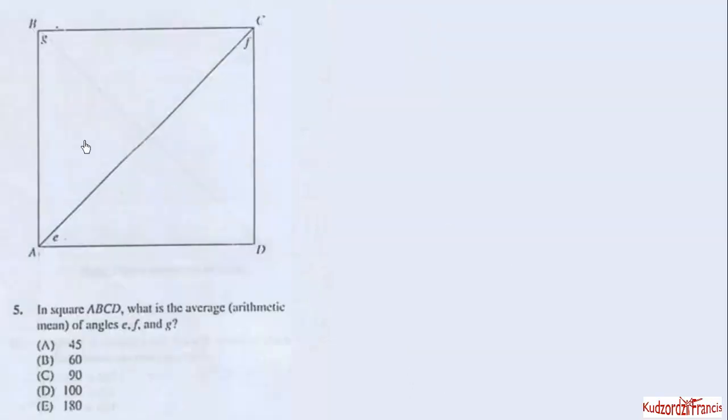Then this option here, we know that G will be equal to 90. So this is G equals 90, not E. And we also know that this angle here is 90 because the corner angles of a square are all 90.